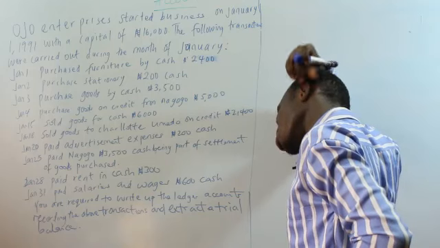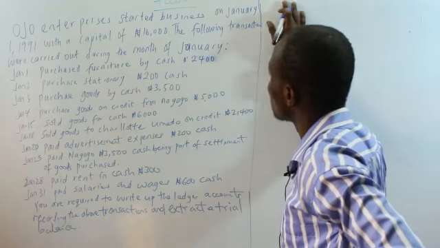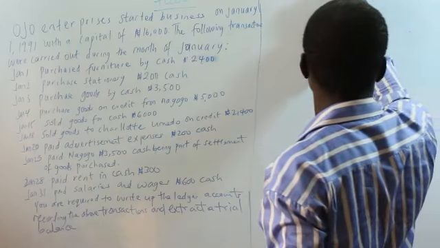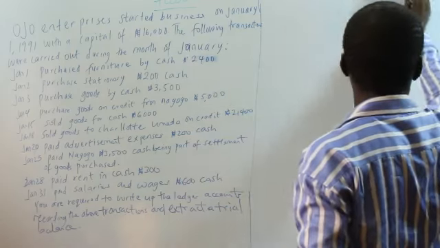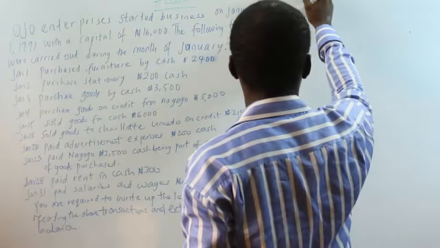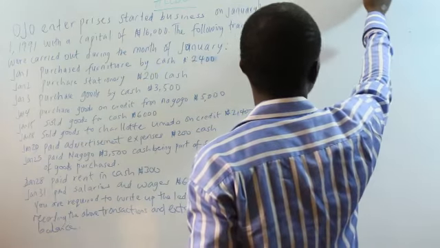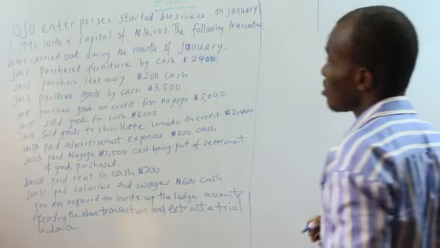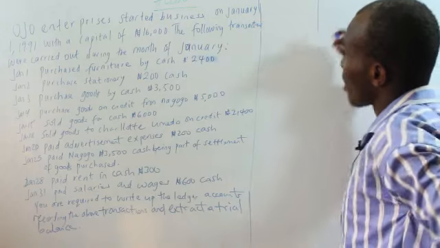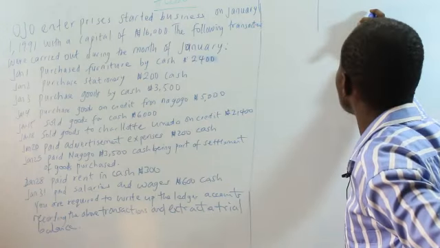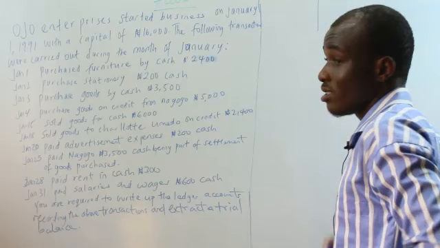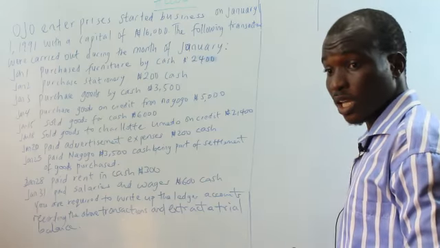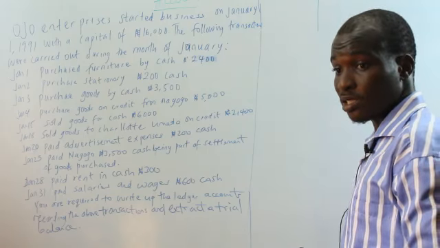First thing we need to do, since the majority of the transactions deal with cash, is to open a cash account. Let's manage the space, then credit and debit. We started business with a capital of 16,000 naira. Let's assume that amount is in the form of cash.